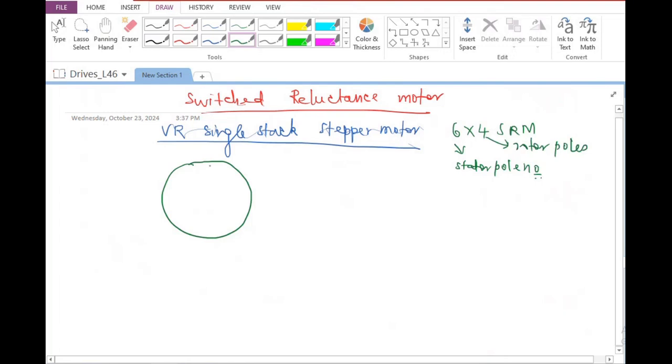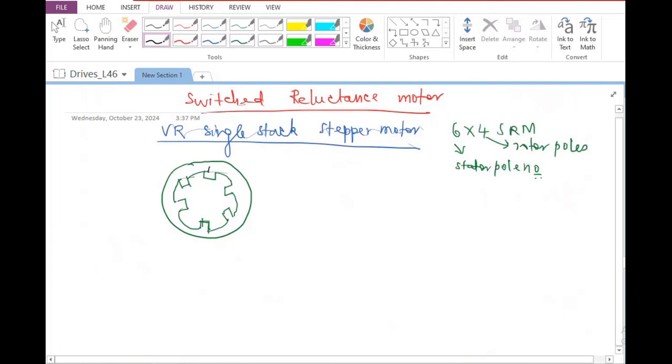Okay. So let us say I'm going to have 1, this is 2, and I'm going to have 3, 4, 5, and 6. So these are the 6 stator poles of the variable reluctance stepper motor, and that is also now functioning as our SRM.